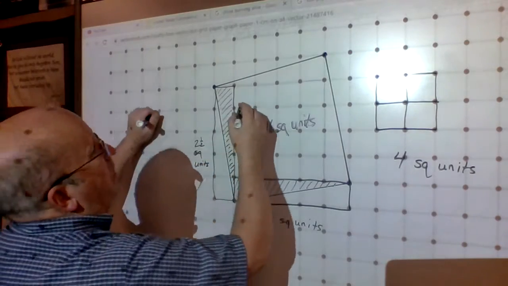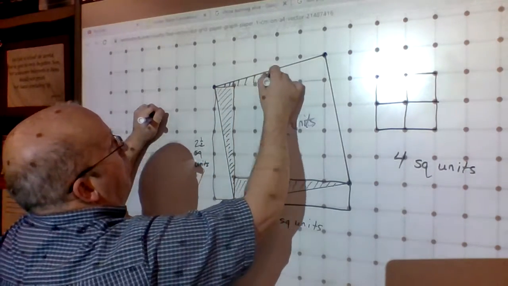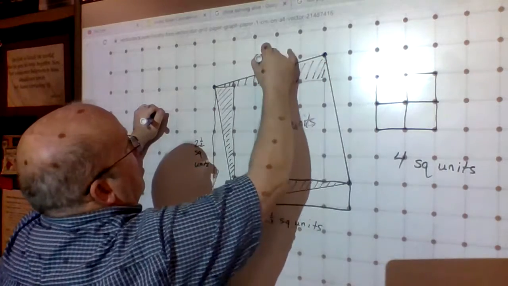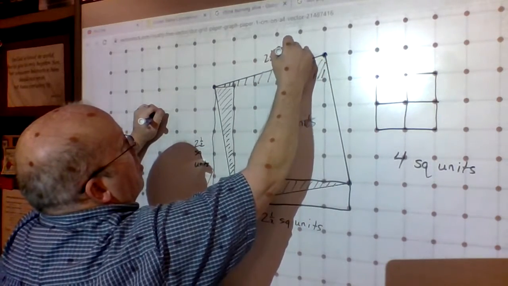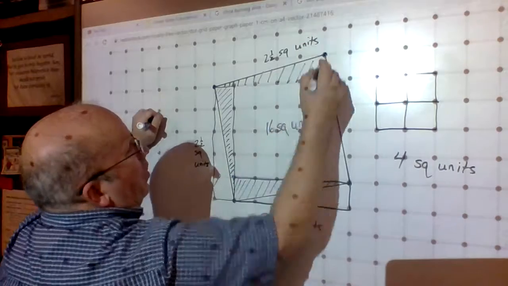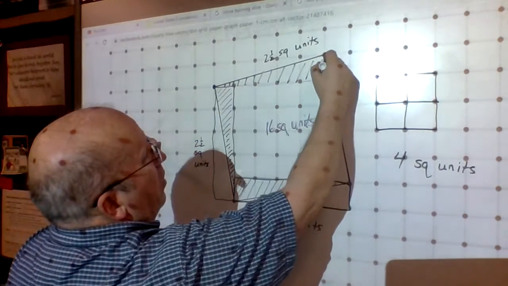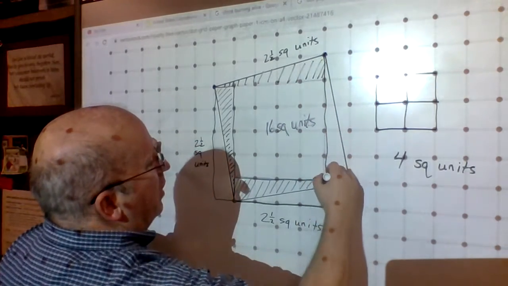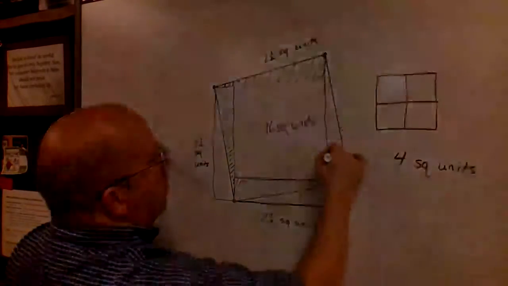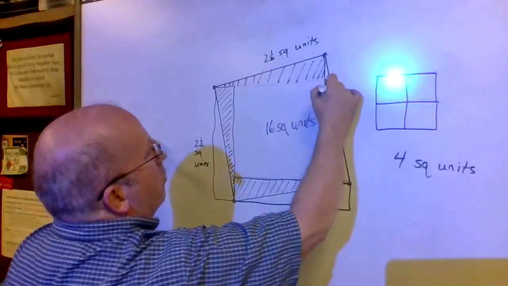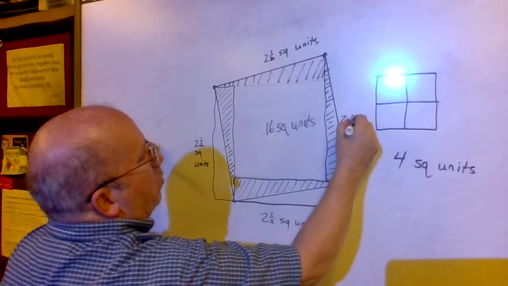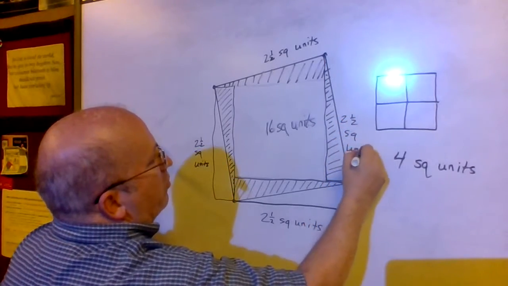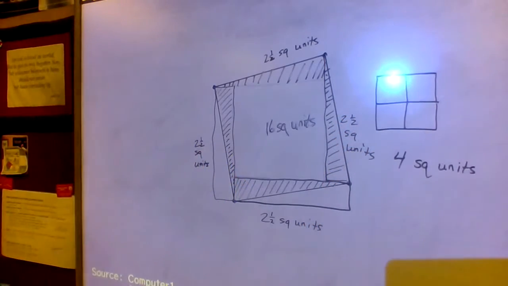We could do the same thing with this portion of it, 2.5 square units. And finally, we can do the same thing with this portion right here. Uh-oh, there goes my grid. But I think we're in the home stretch. 2.5 square units again.